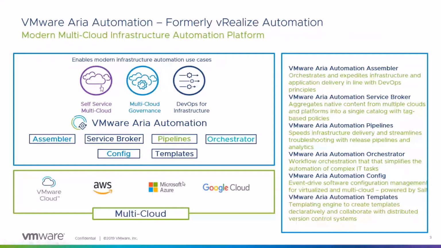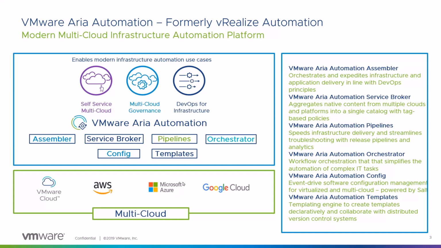Before we start, as usual, VMware Aria Automation, formerly known as vRealize Automation, is a modern multi-cloud infrastructure automation platform. It enables use cases such as self-service multi-cloud governance and DevOps for infrastructure across VMware and non-VMware platforms.